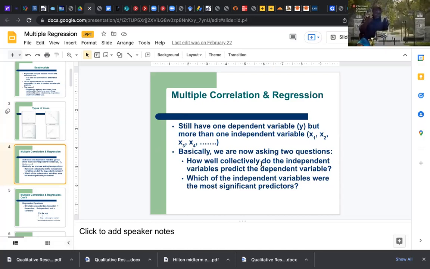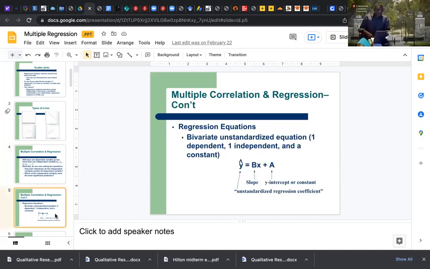So the first is how well, collectively, the linear combination of all the variables predicts the dependent variable. And then which among the variables is the most significant predictor or predictors? Two questions you answer in a regression model.